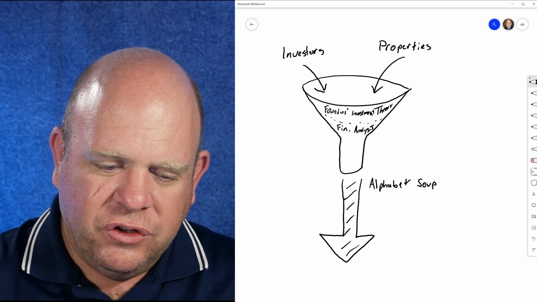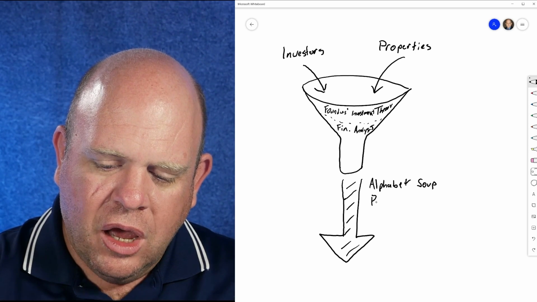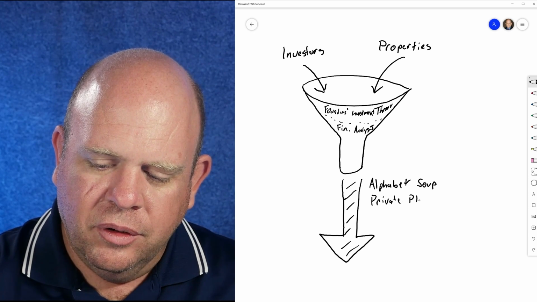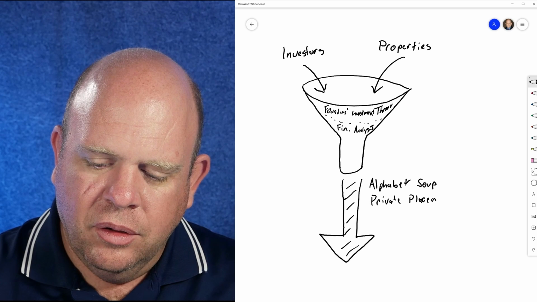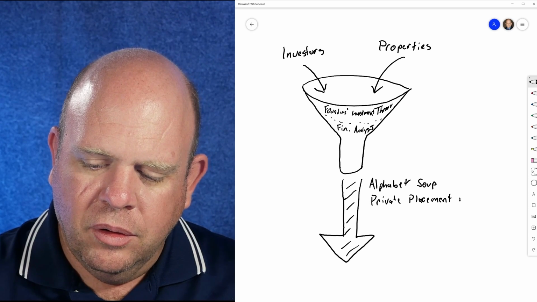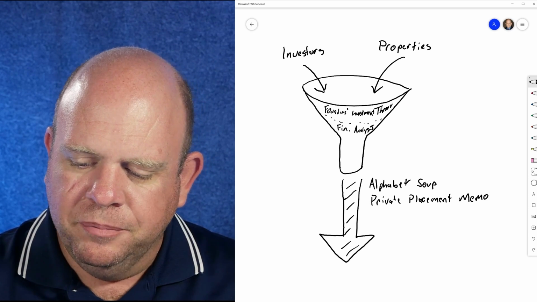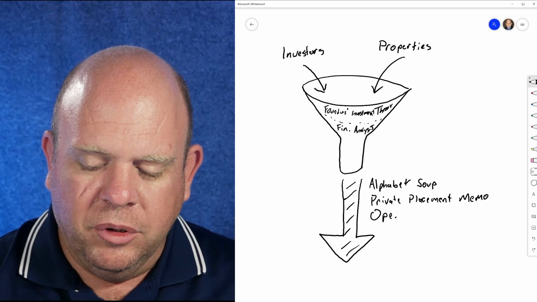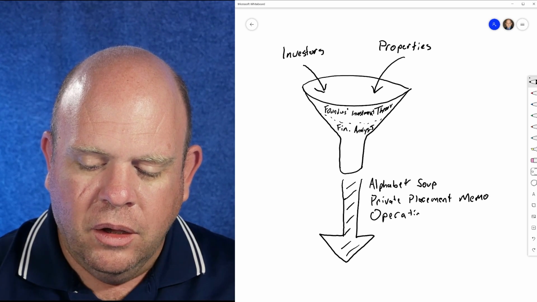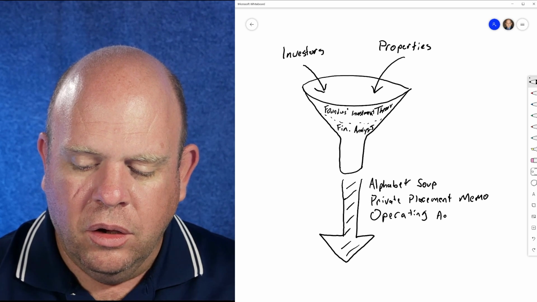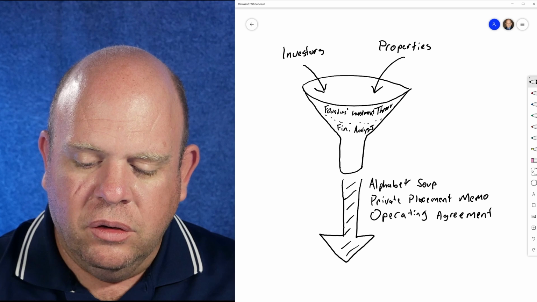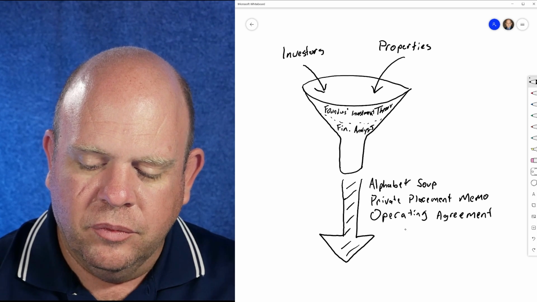Then we have to write a private placement memorandum. I'm just going to put memo. And we need to write an operating agreement. And we need a subscription agreement.